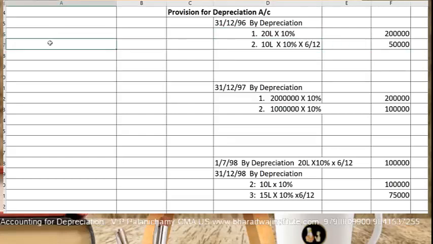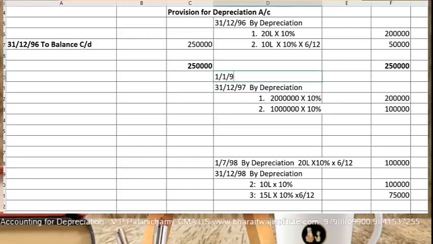Then you put to balance carried down, of course the total. Tally this and you will get 2,50,000.